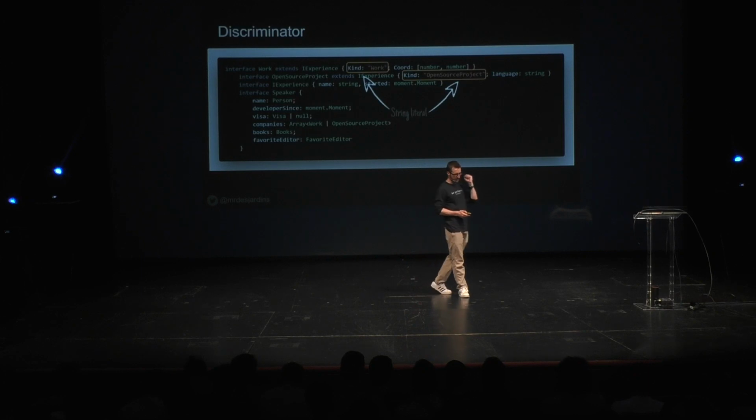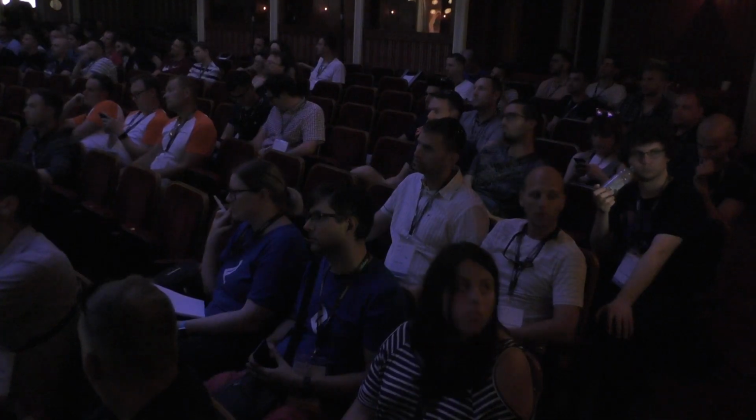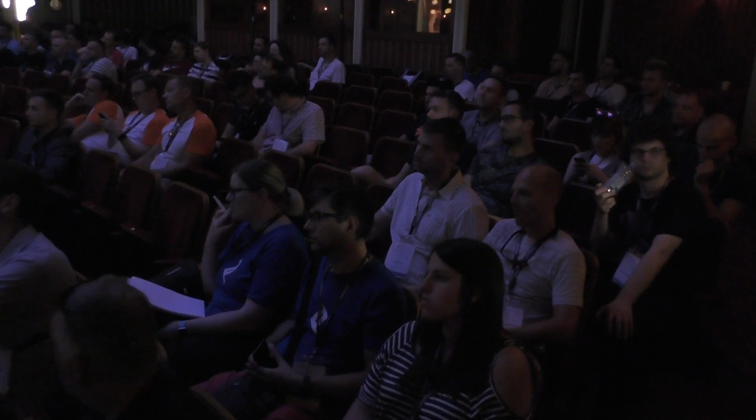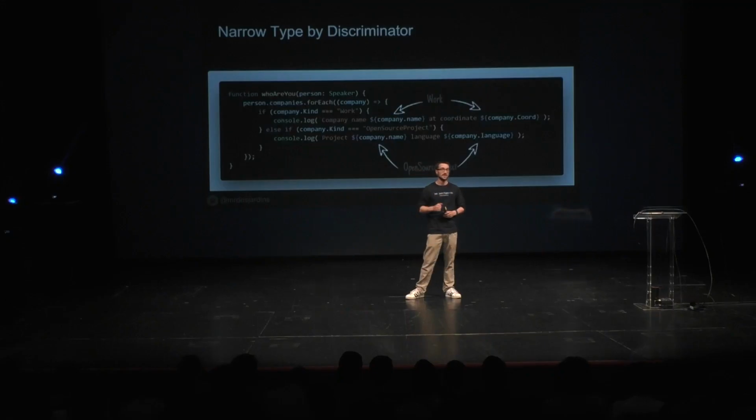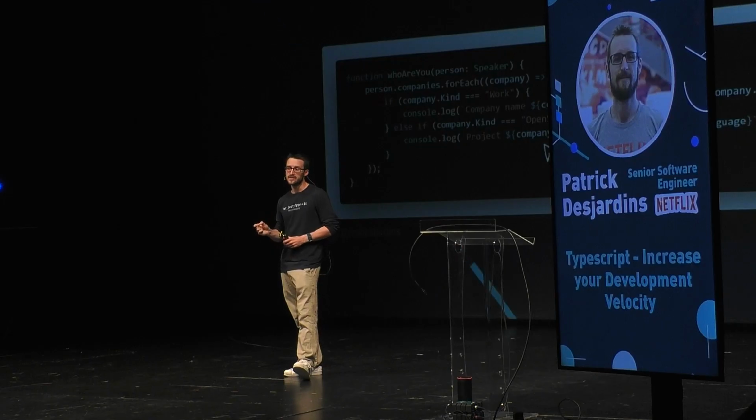So this stamping of a string is called a string literal, which means that this member can only accept this string at runtime. So for example, here I can still do .kind equal work, which is going to work in JavaScript when I'm at runtime, but also at design time, TypeScript will figure out that, oh, if this string is work, it means that the interface is work.